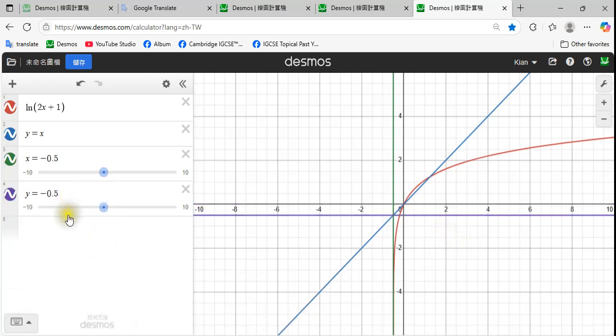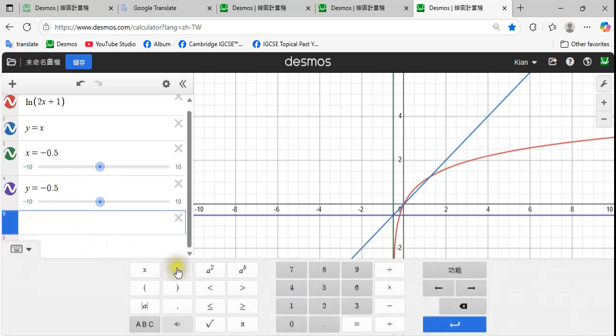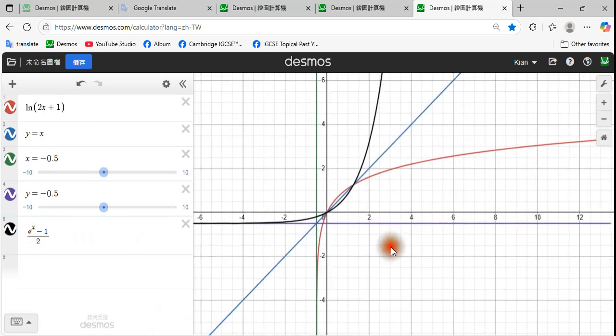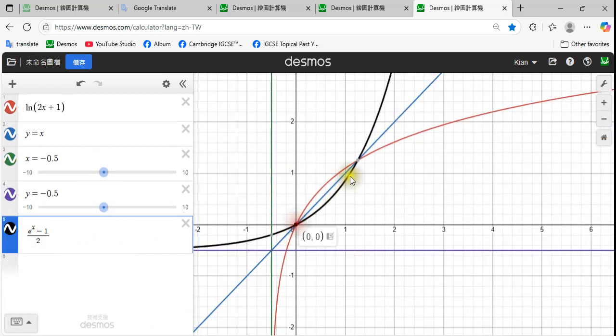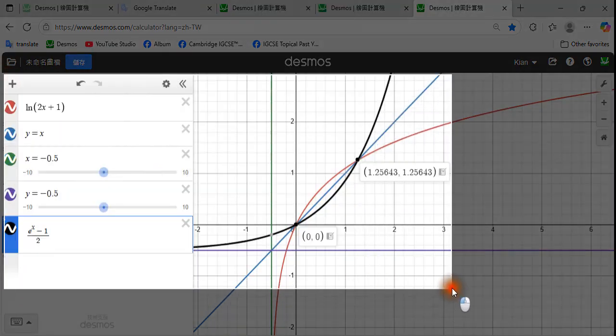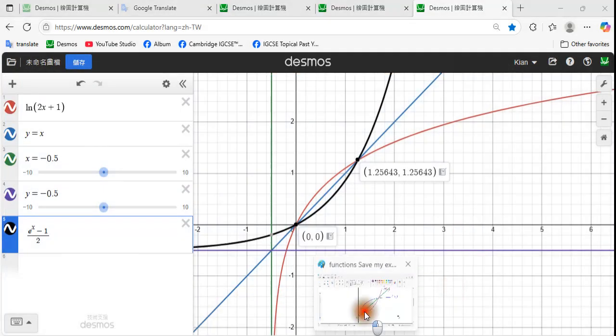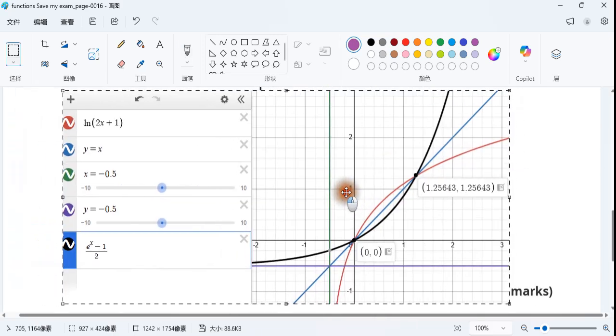And then we have the exponent e to the power of x, divided by 2, and then minus 1. Okay, so this is how the graph looks like.